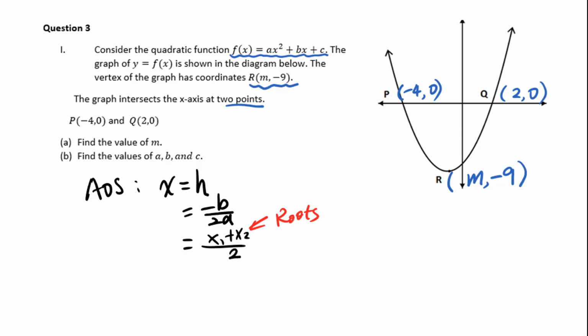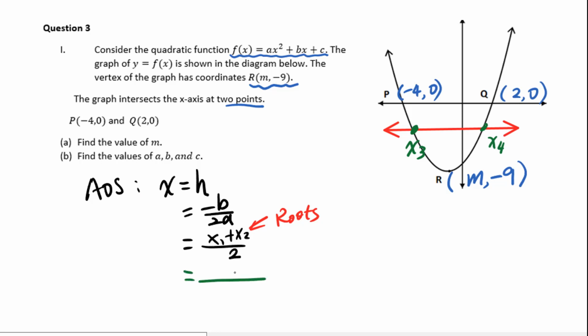Or we have another way to figure out. If we have a horizontal line passing through this quadratic function at 2 points, let's label this x3, this is x4. Then for the axis of symmetry, we can also write down x3 plus x4 over 2.